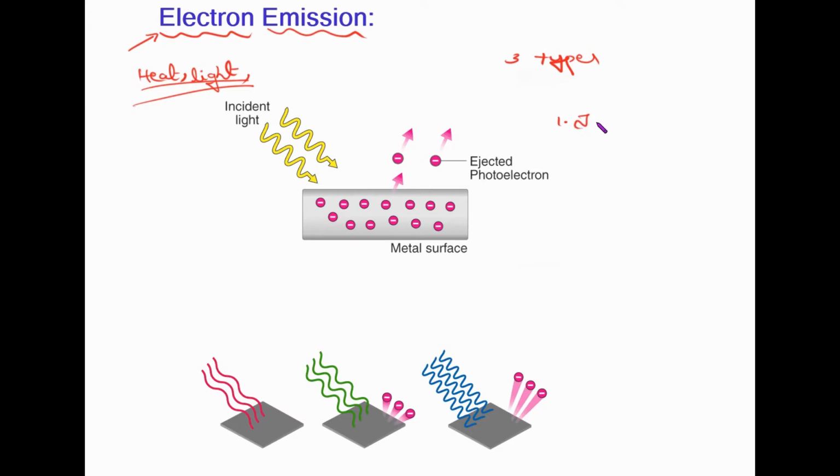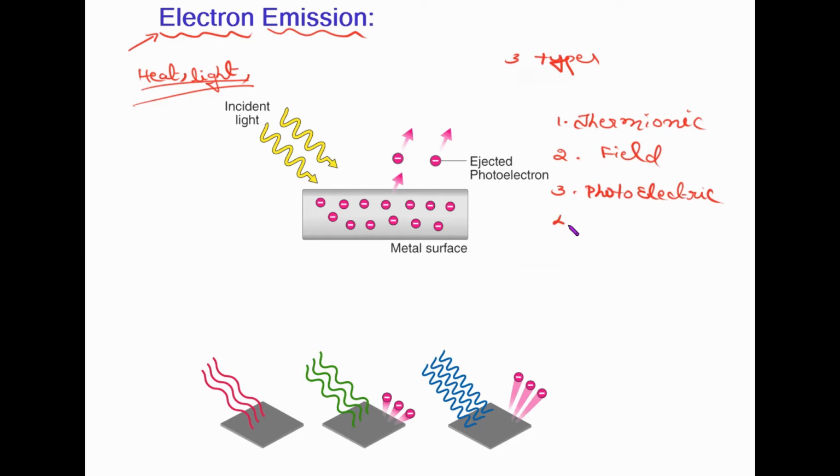The first one is thermionic emission. The second one is field emission. The third one is photoelectric emission. We will get to know all these one by one.